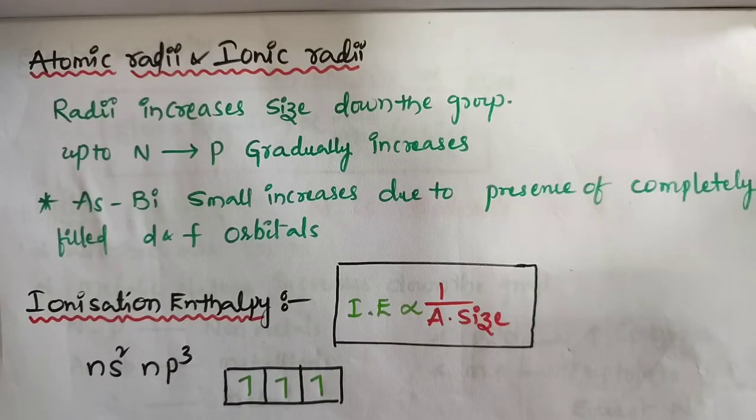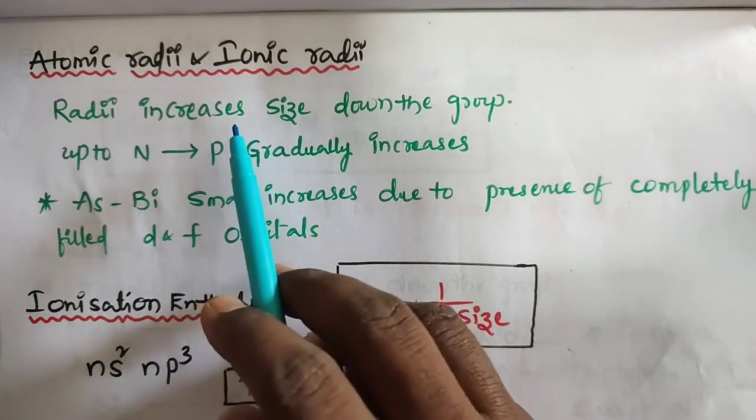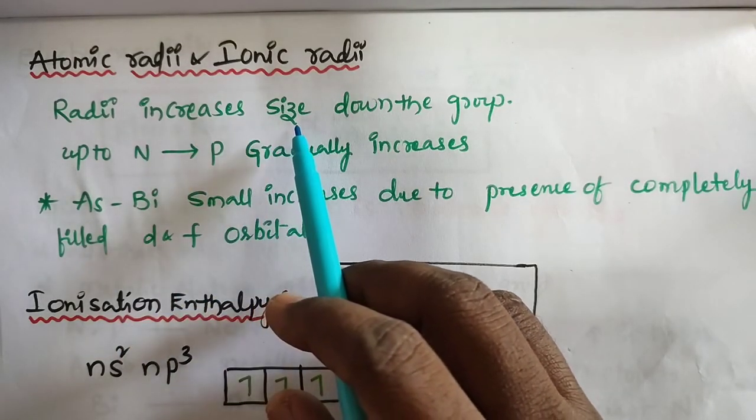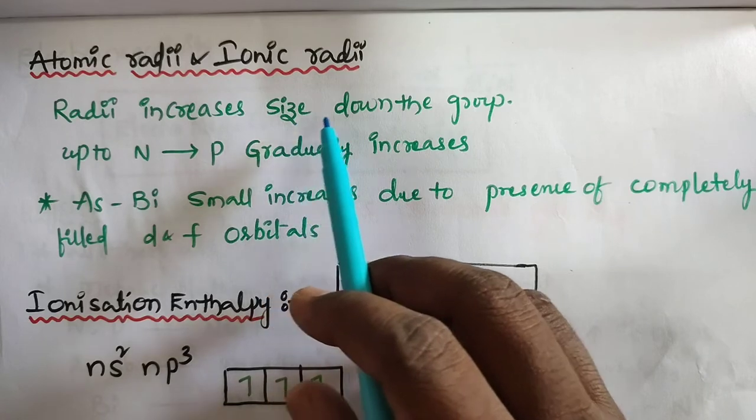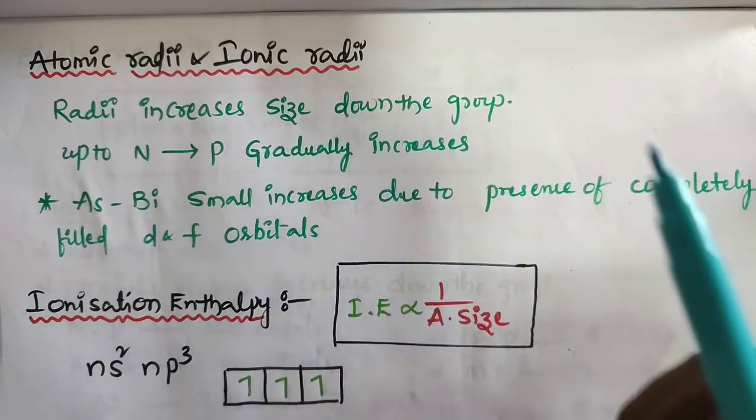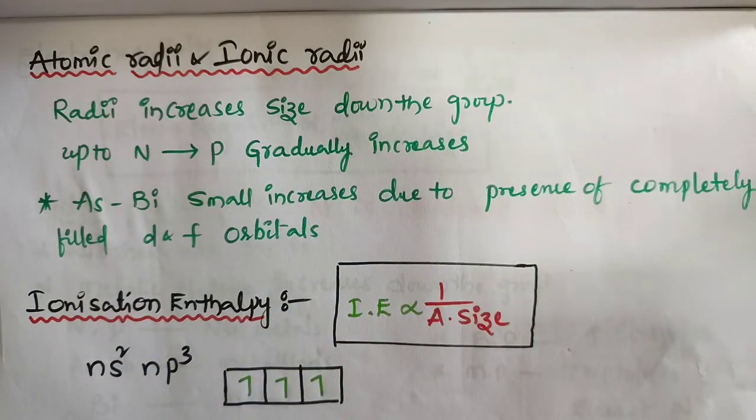Radii, ionic radii, increase in size down the group. Up to nitrogen to phosphorus it gradually increases, and from arsenic to bismuth there is only a small increase due to the presence of completely filled d and f orbitals.